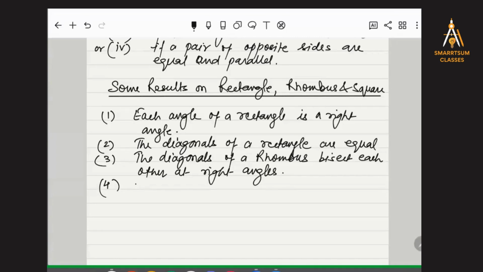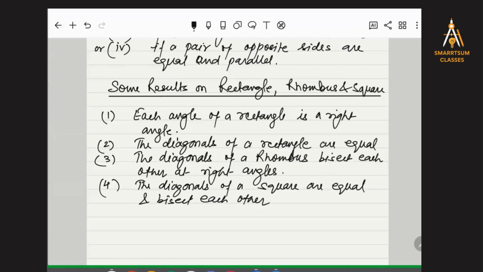Next, the diagonals of a square are equal and bisect each other at right angles. We can also use this in the converse way, that if the diagonals of a quadrilateral are equal and bisect each other at right angles, then that quadrilateral is a square.